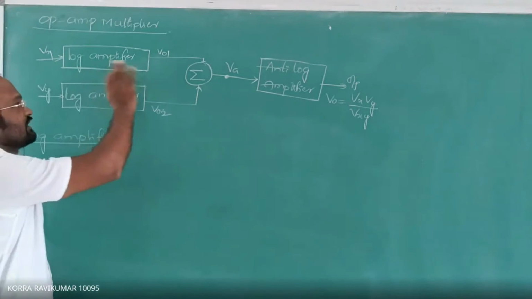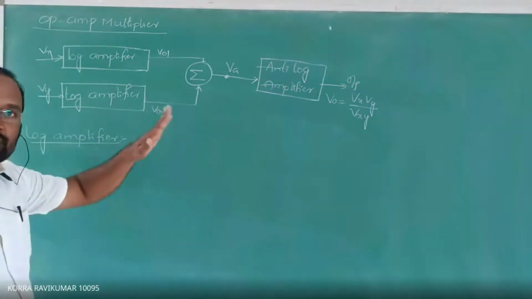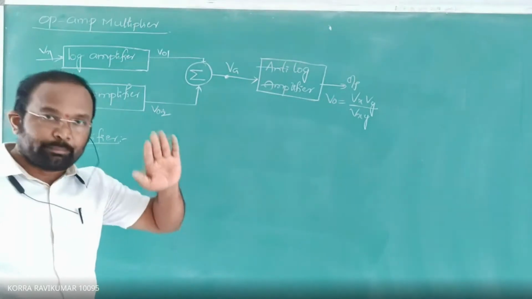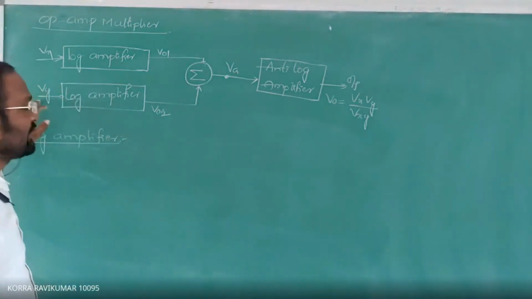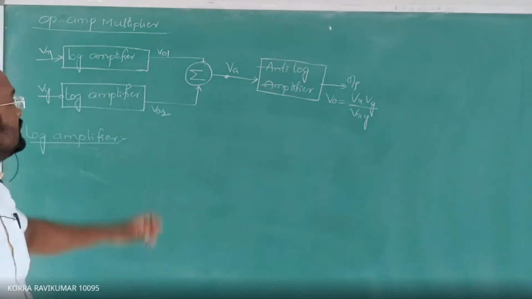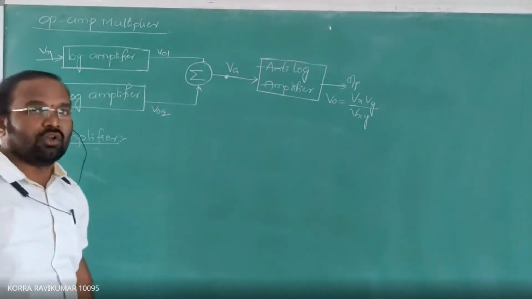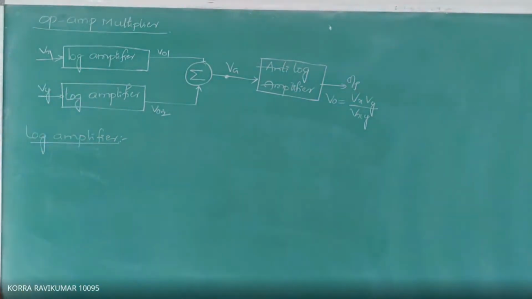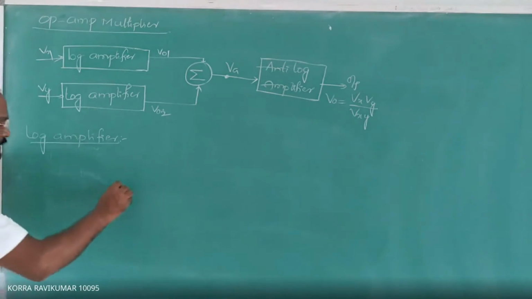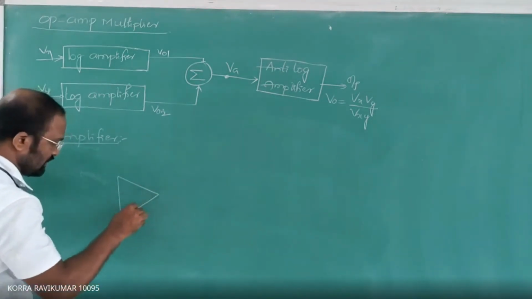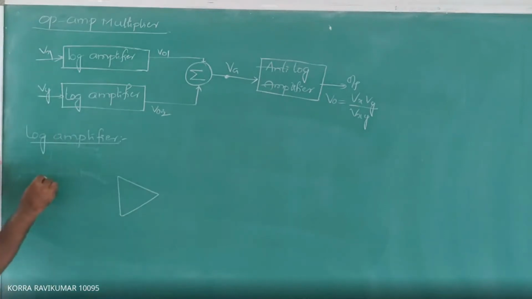The output is proportional to the log of the input signal. So that is the definition of the log amplifier. Is it clear? Now let's see. If you draw the internal circuit of a log amplifier, it looks like this.